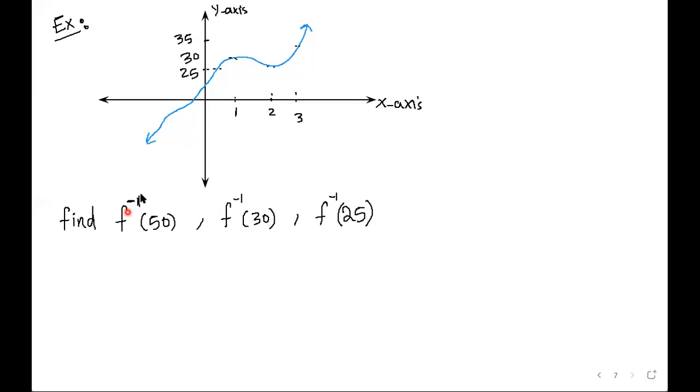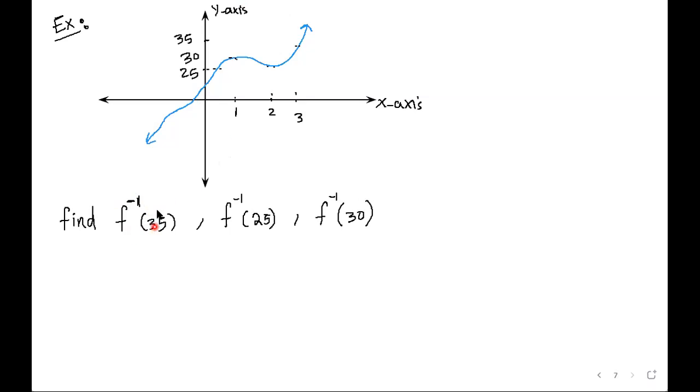Okay, let me do the first one. Hold on, I mean something is wrong. Here we have 35. Here we have 25. Here we have 30. Okay, I'm going to do the first one.